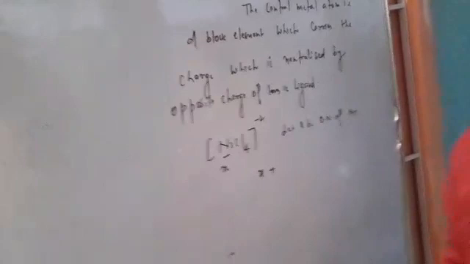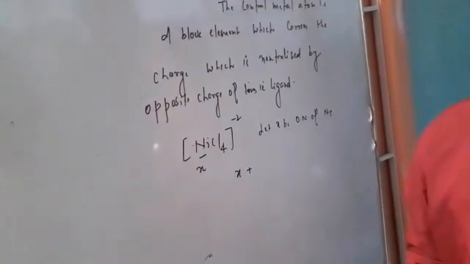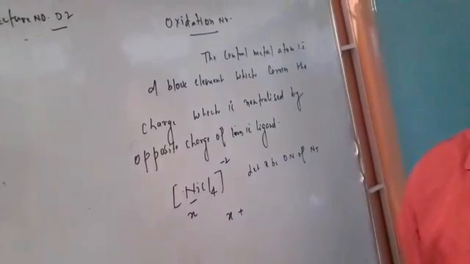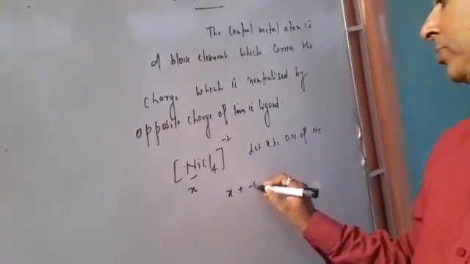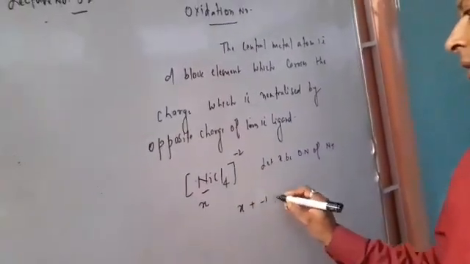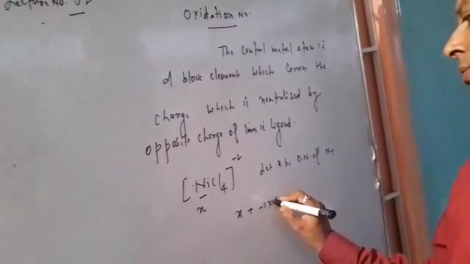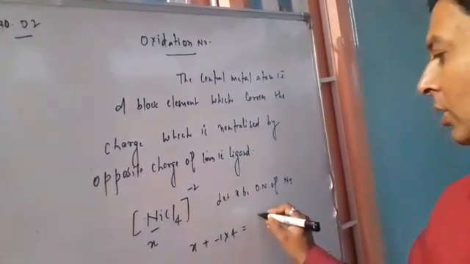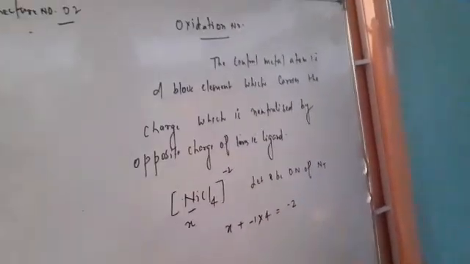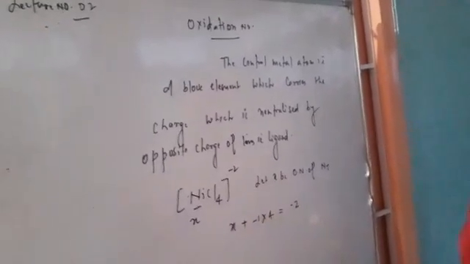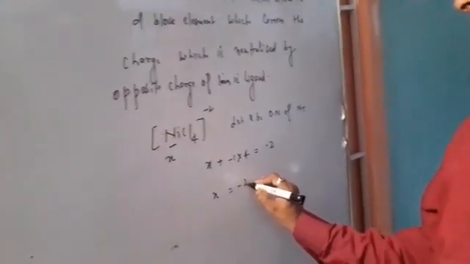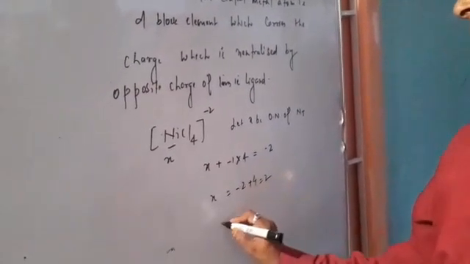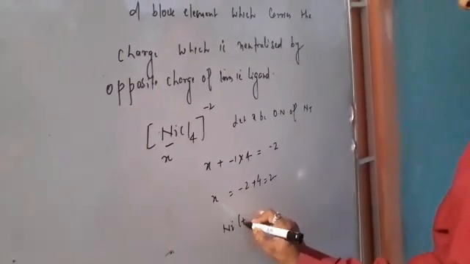As we know, chloride is a negative ligand which carries -1 charge. So how many chloride ligands are there? There are 4. So -1 multiplied by 4, and the sphere carries -2 charge. So X + (-1)(4) = -2. Now X is equal to -2 plus 4. It means nickel's oxidation number is +2.